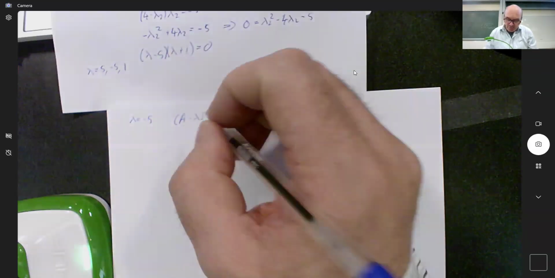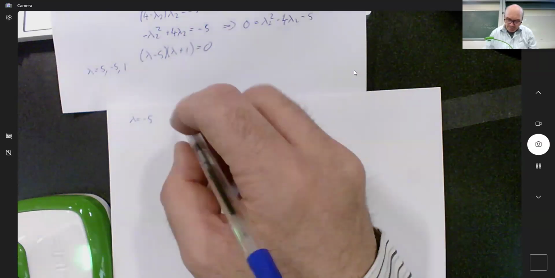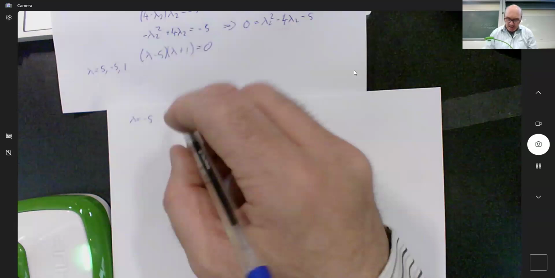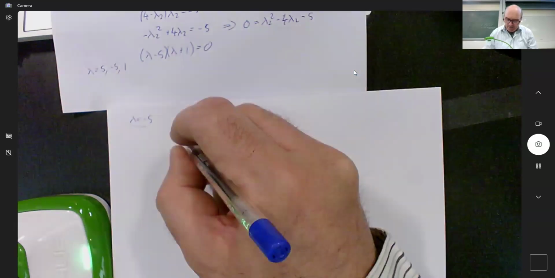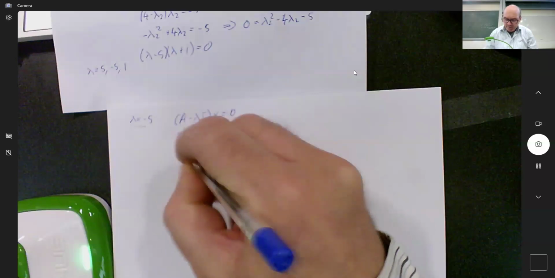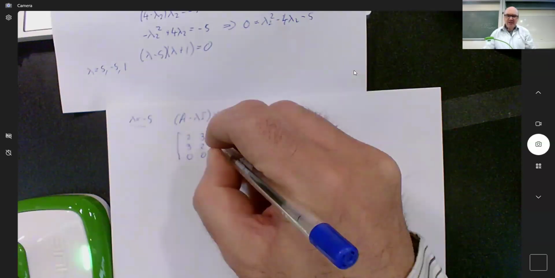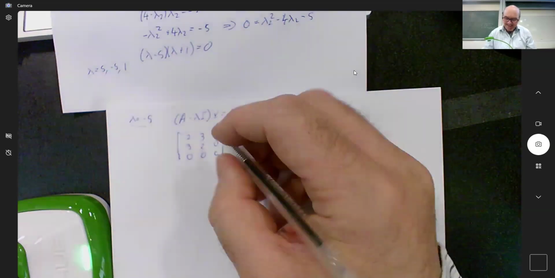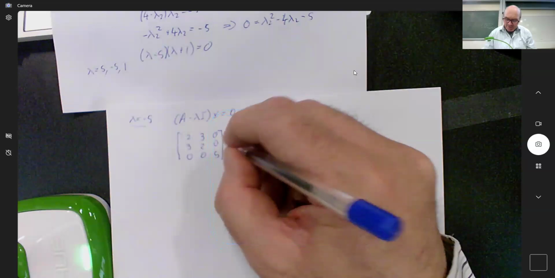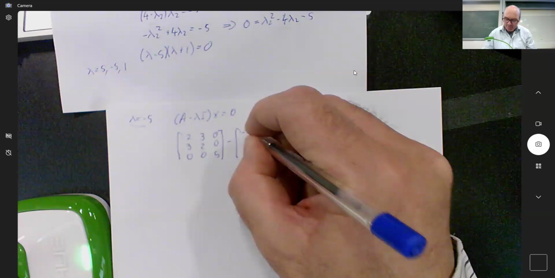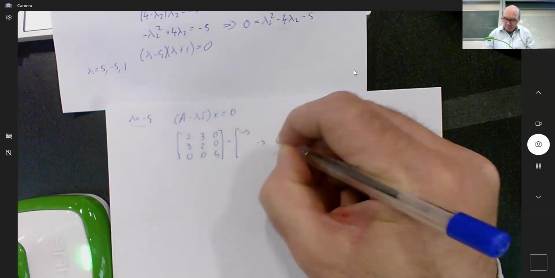So if lambda is equal to minus 5, this should be 2, 3, 3, 2, 0, 0, 5, 0, 0. Something has gone terribly wrong. We're going to go minus 5, minus 5, minus 5, 0, 0, 0, 0, 0.